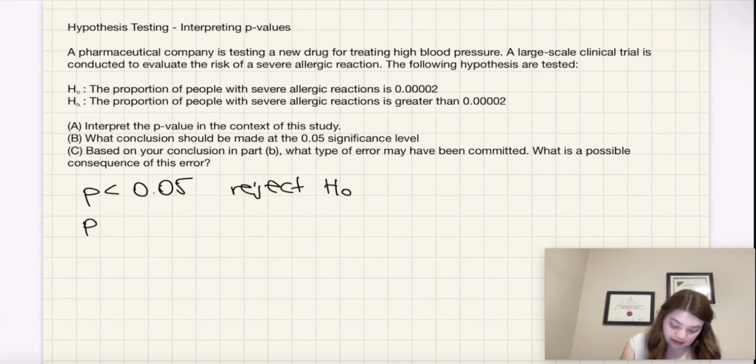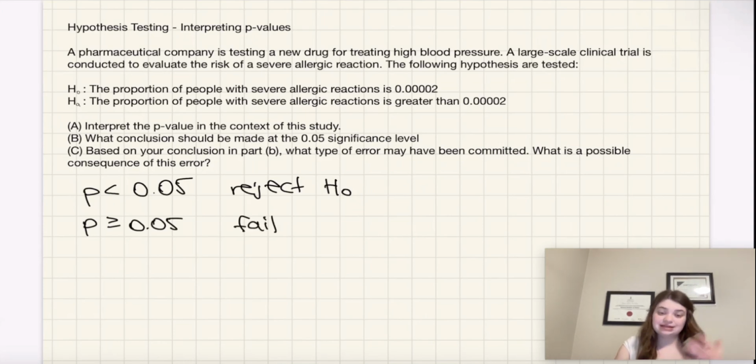And then if the p-value is greater than or equal to this, then we would fail to reject, just because even though we can't necessarily accept the null and say that that must be the case, basically we just don't have enough evidence to reject it. So we would fail to reject the null hypothesis based on the information given.